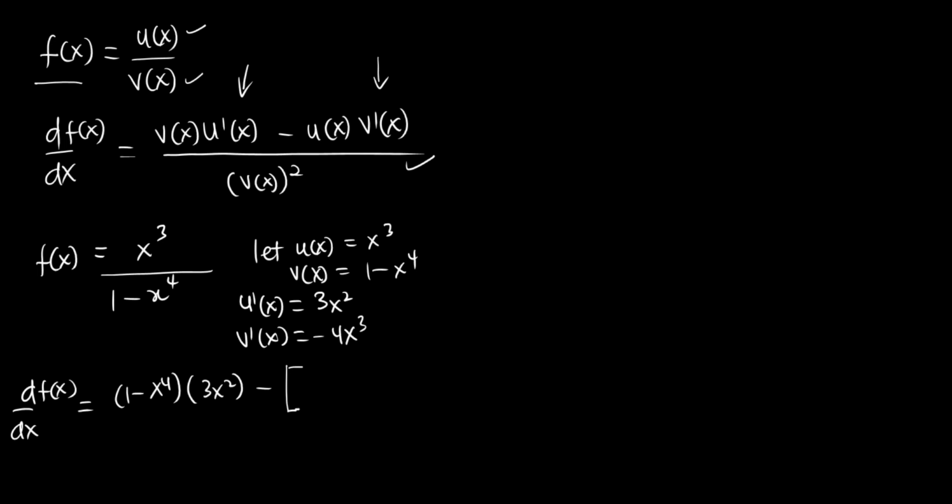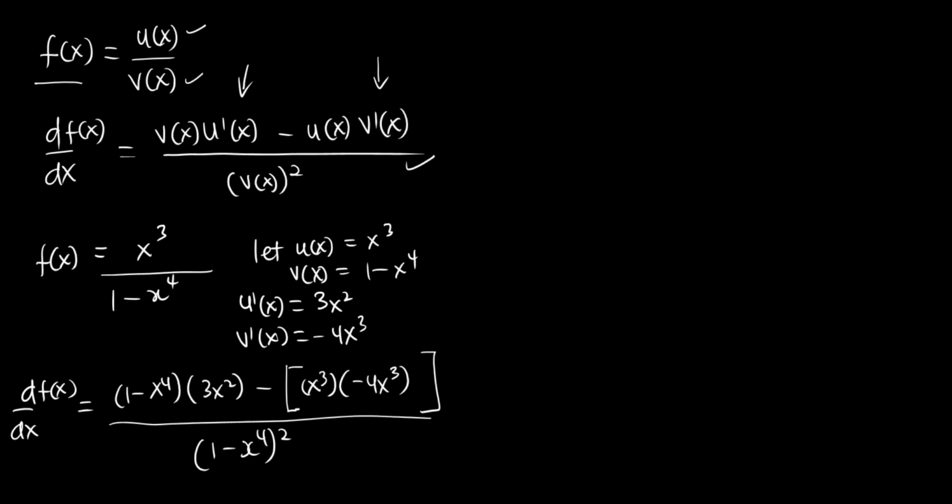Inside the bracket we need u of x, which is x to the power 3, multiplying v prime of x, which is minus 4x cubed. Let's close this, and then all this divided by v of x squared, which is 1 minus x to the power 4, squared.